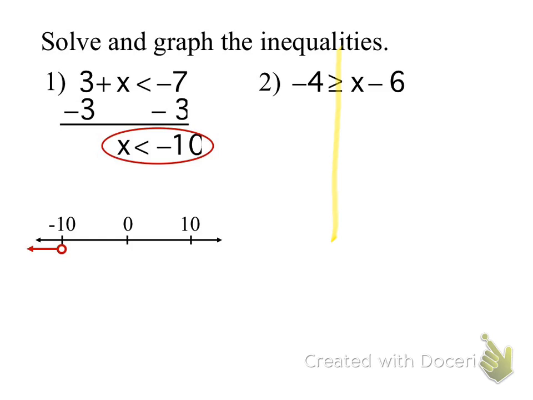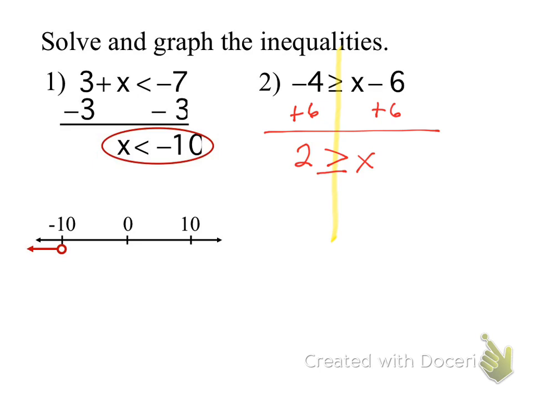I need to get x alone. X stays where it's at. I'm not adding x. Add 6. Good. I'm doing the inverse, leaving x alone. I'm adding 6. And it simplifies to positive 2 is greater than or equal to x.